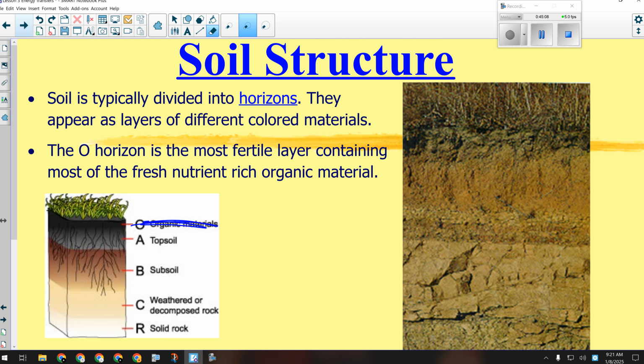All you really need to know about the soil layers is their letter and what they have. A horizon is the topsoil: organic material, moisture, things like that.